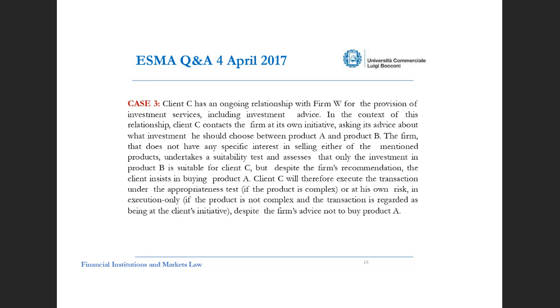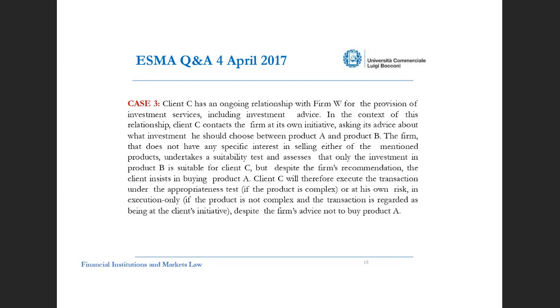In the context of this relationship, client C contacts the firm at its own initiative, asking its advice about what investment he should choose between product A and product B. The firm, that does not have any specific interest in selling either of the mentioned products, undertakes a suitability test and assessment, and ends up seeing that only the investment in product B is suitable for client C.